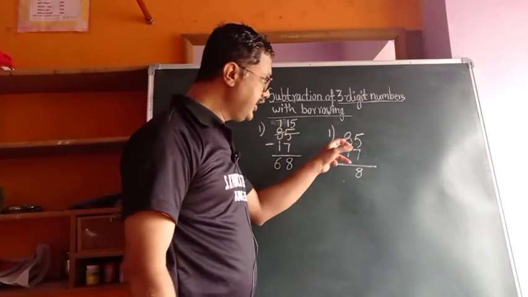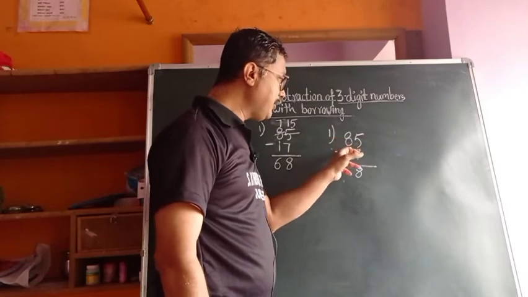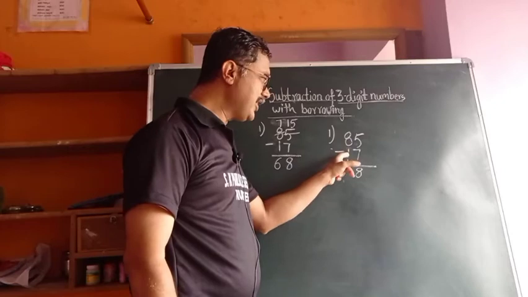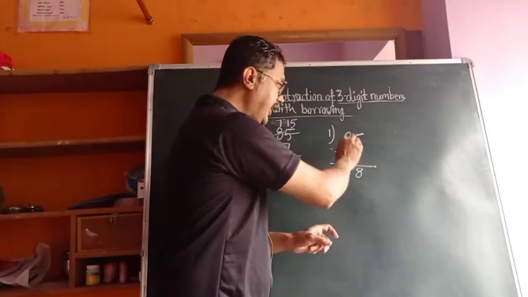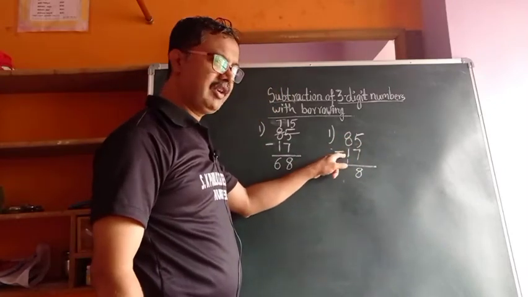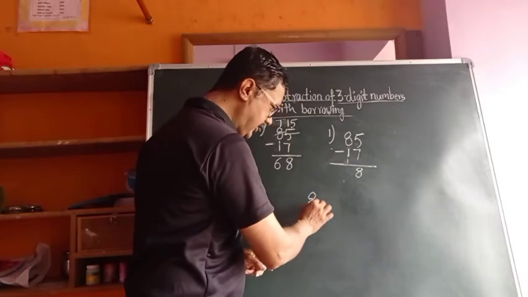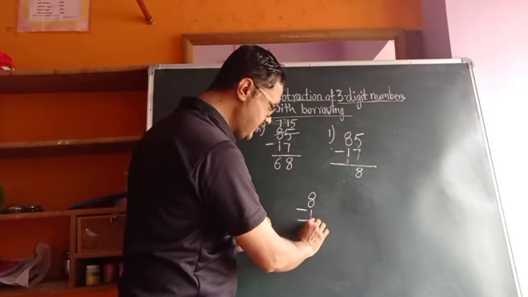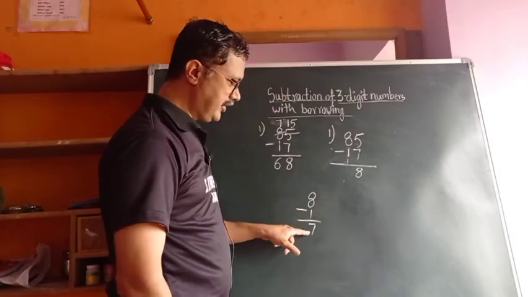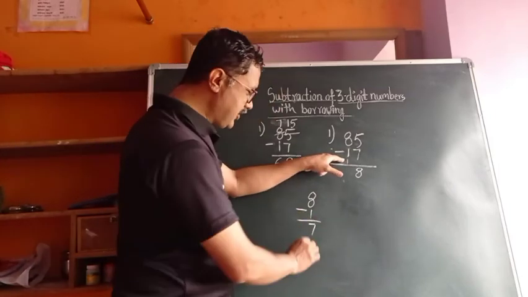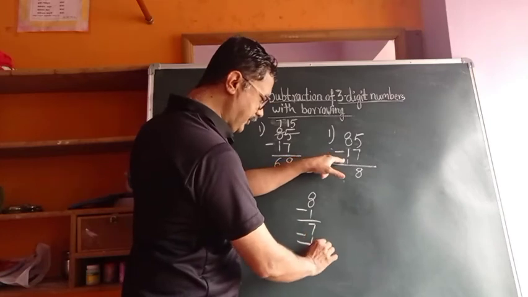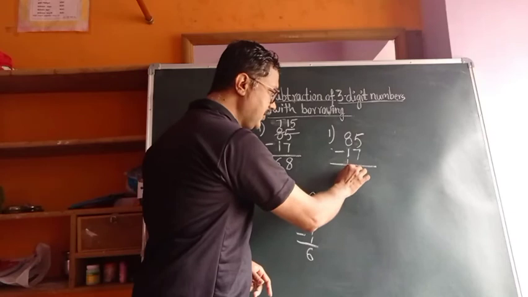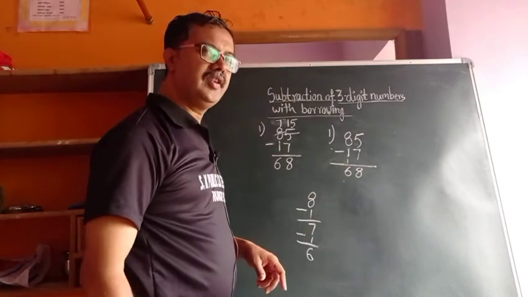In this case, 8 minus 1, first we have to subtract this 8 minus 1. 8 minus 1 means 7. Again minus 1. 7 minus 1 means 6.